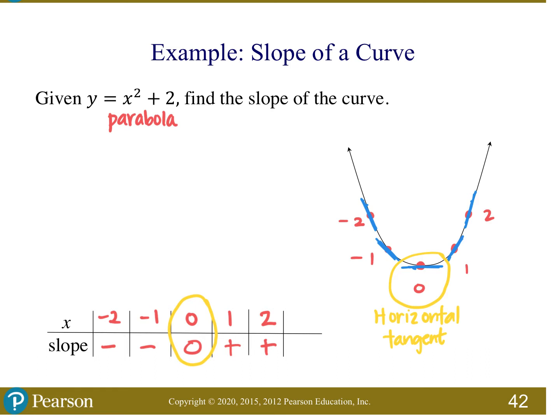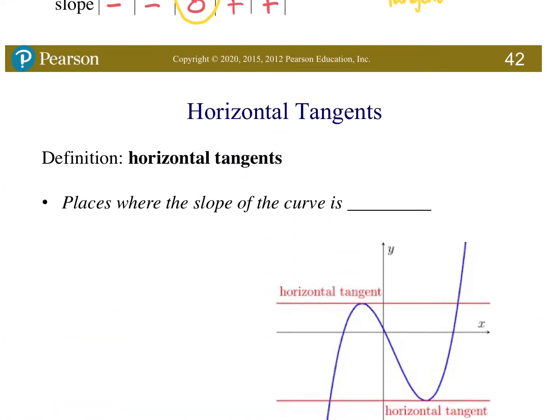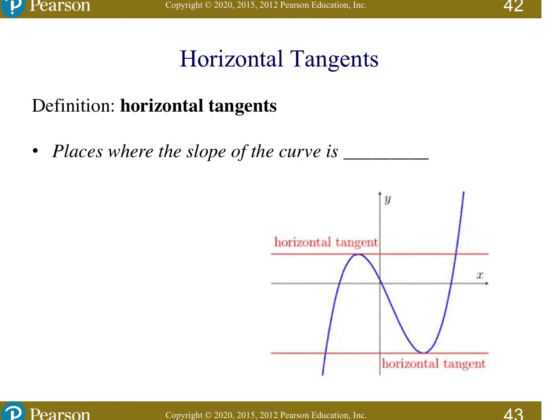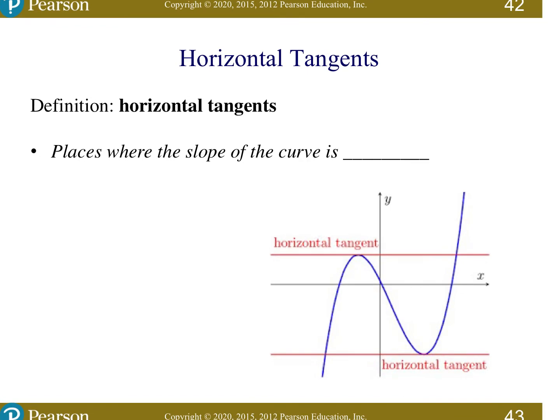And +1 and +2 had positive tangent lines because they had positive slopes. But at 0, we happen to have a horizontal tangent line because it's the only spot on the whole curve where there is a 0 slope. So that's the definition of a horizontal tangent. A horizontal tangent is a place where the slope of the curve is 0.